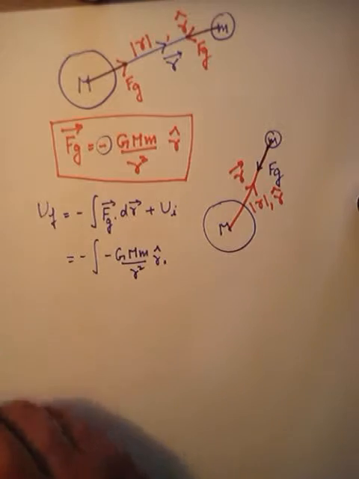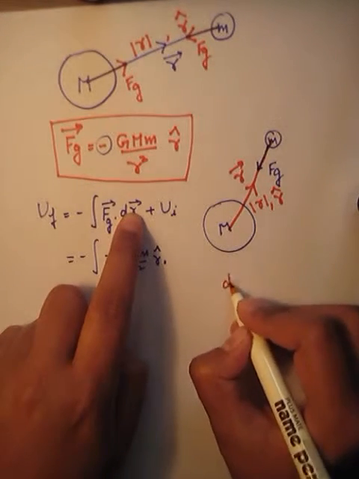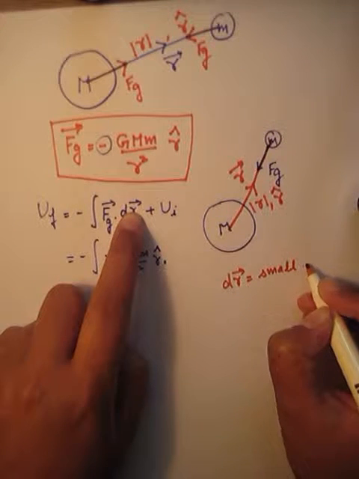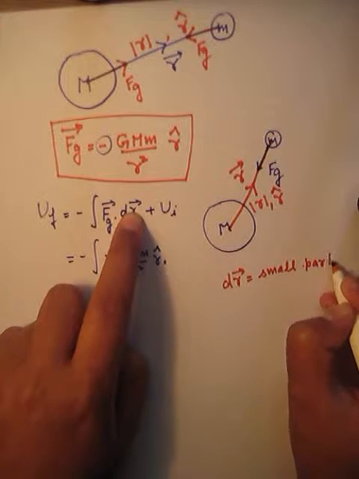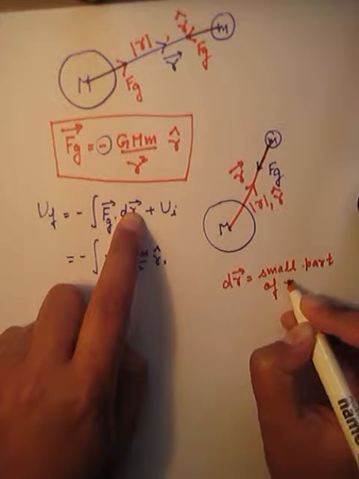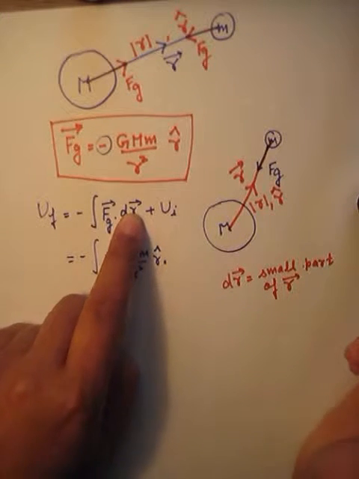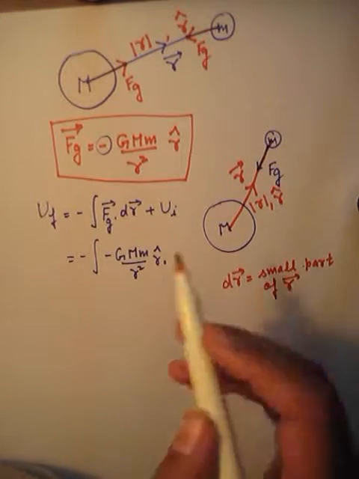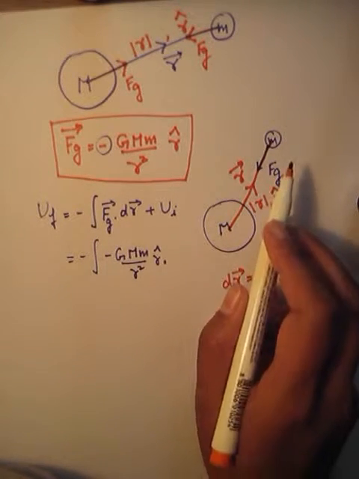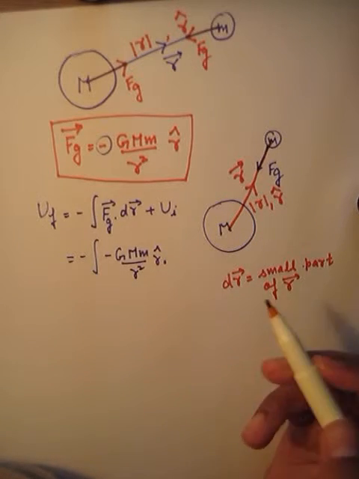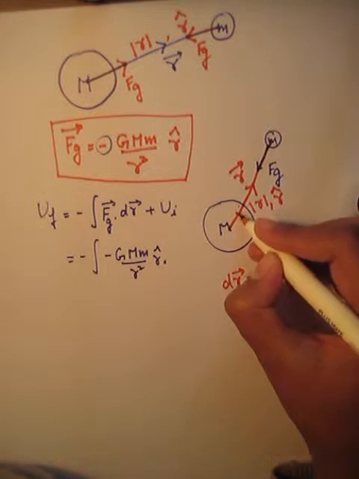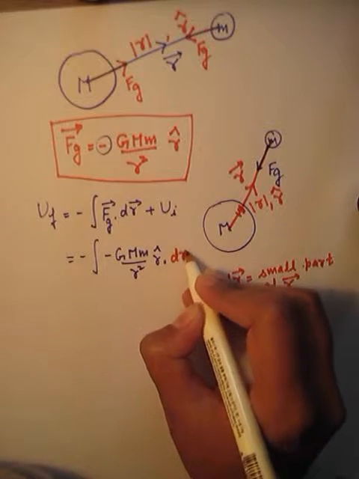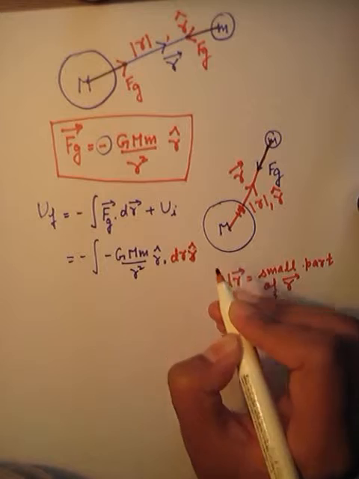Now what is dr vector? dr vector is just a small part of r vector. If r vector is pointing along r unit vector, dr will also point along r unit vector, because if I take a small part from here, it will also point along r. So it will be dr times r unit vector.